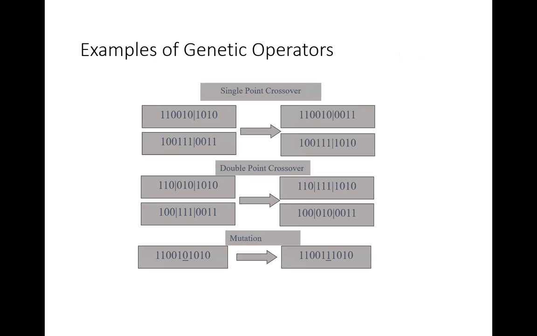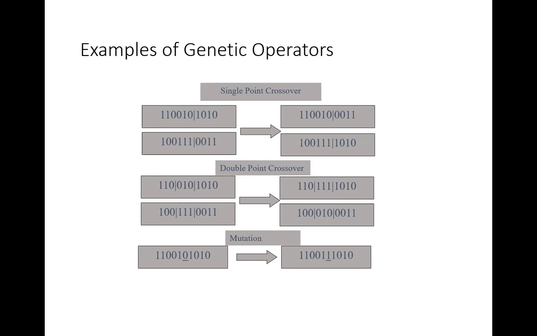So what are some examples of genetic operators? These genetic operators could be characterized as single point crossover. If you look at the top, basically what we are showing is that two pairs of chromosomes on the left-hand side come in contact with each other.